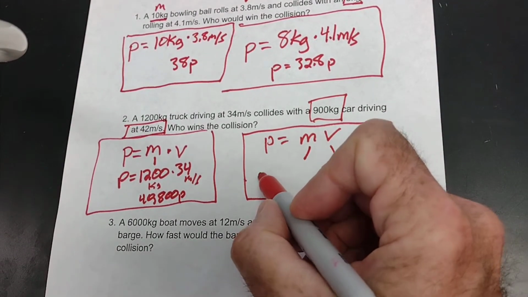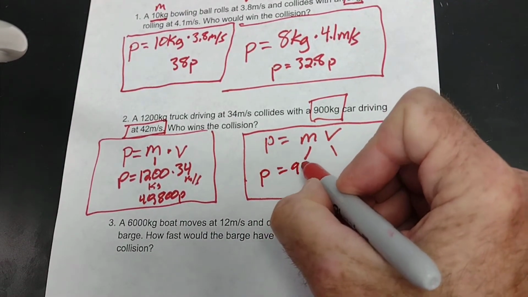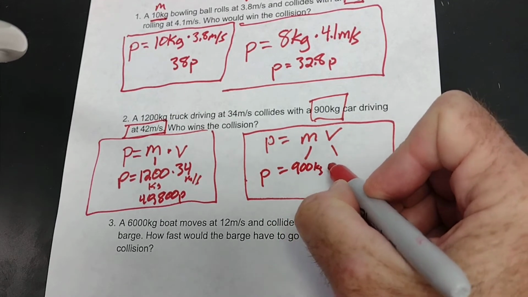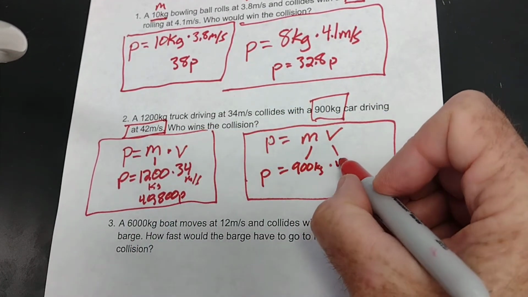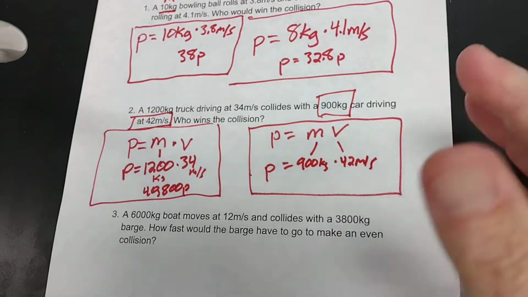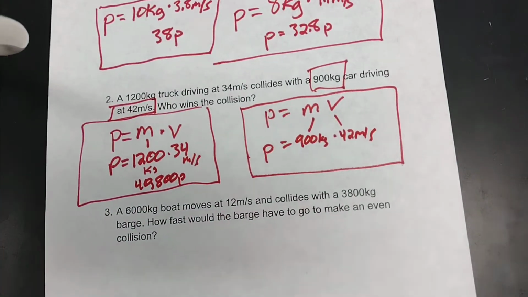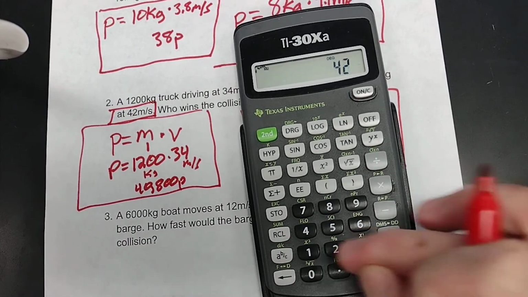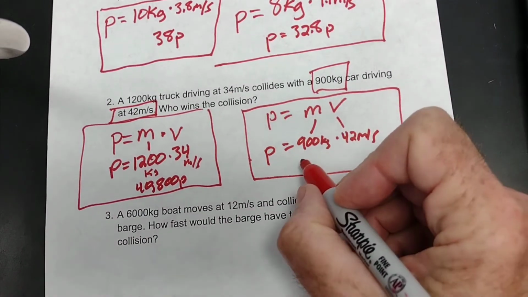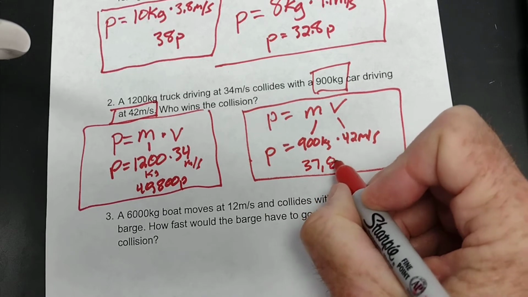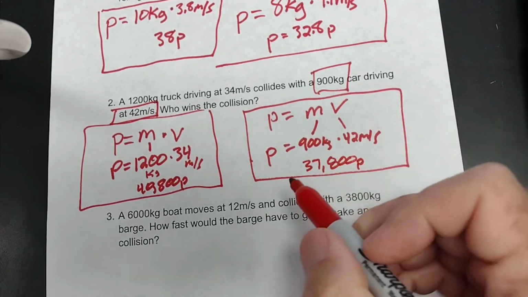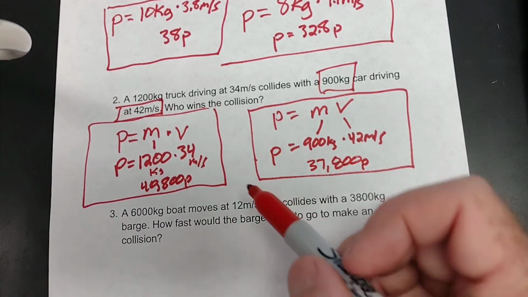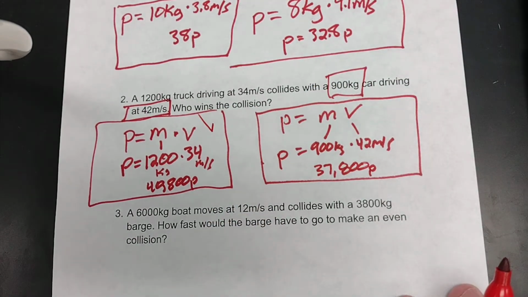Okay, P equals 900 kilograms times 42 meters per second. I'll take my calculator. I'll say 900 times 42. 37,800 P. All right, who's going to win this collision? This guy. That's exactly right.